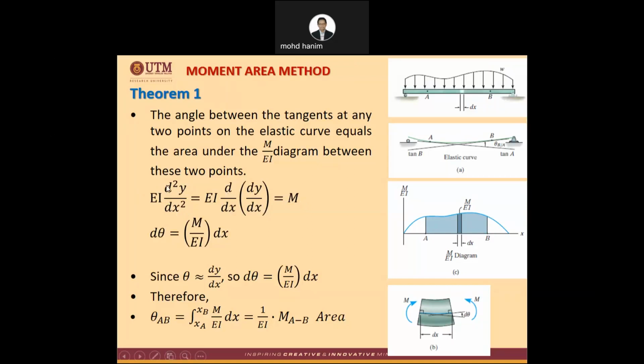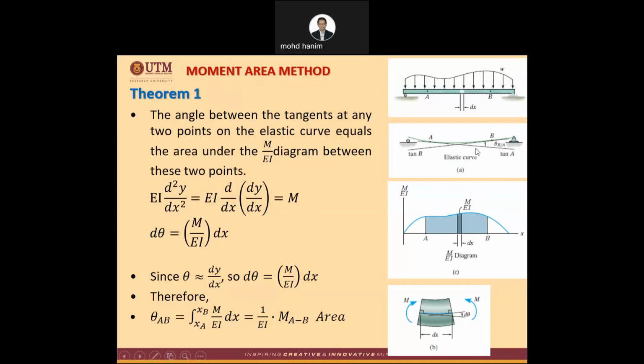But what is d squared y over dx squared? This is d over dx of dy over dx. You see here, this d squared and dx squared. And now what is dy over dx? dy over dx is the slope.